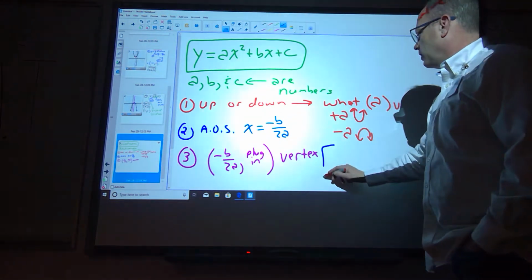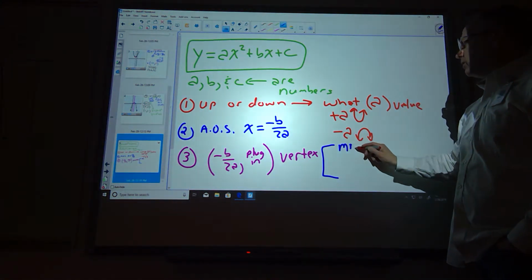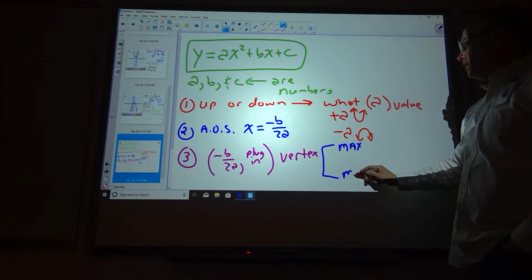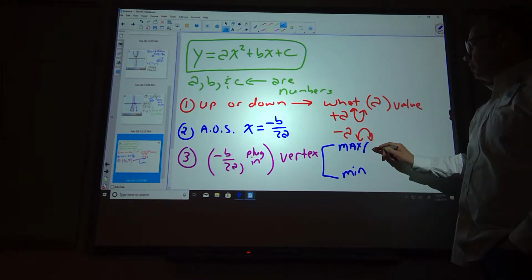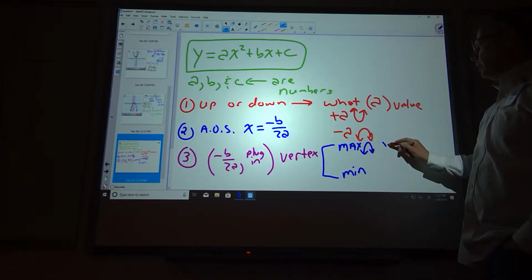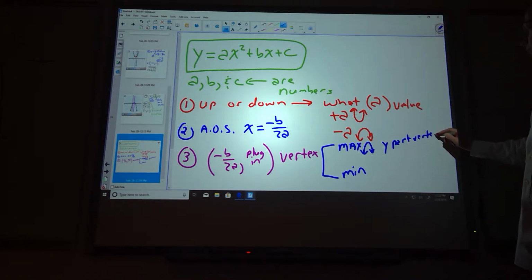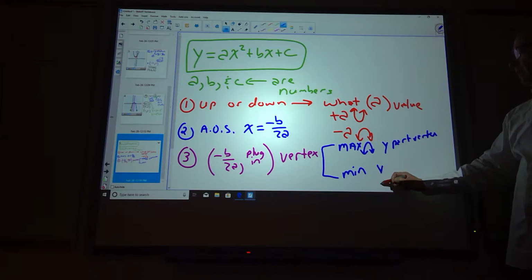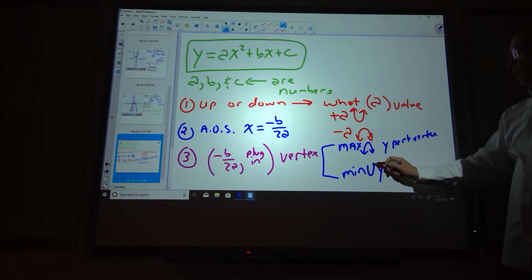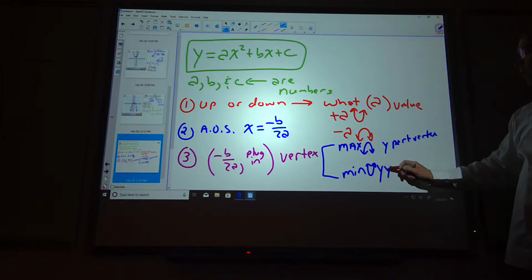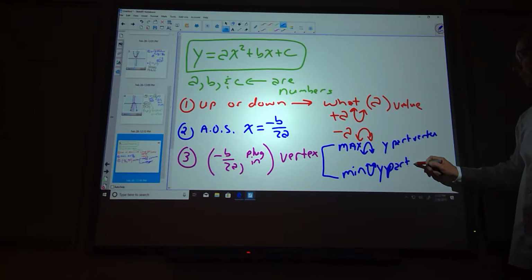So the vertex is either a max or a min. So it's a max when it opens upside down, and you look at the y part of the vertex. And then the min is when the parabola opens up, and again, you still look at the y part of the vertex.